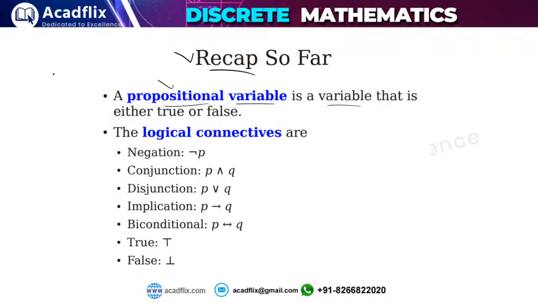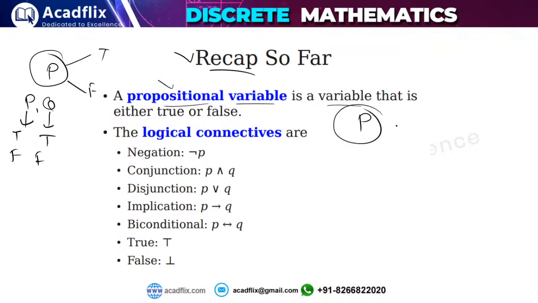So any propositional variable, p, q, and so on, can be assigned either true or false. These are the two values. Any propositional variable p can only take one of these two values, either true or false.